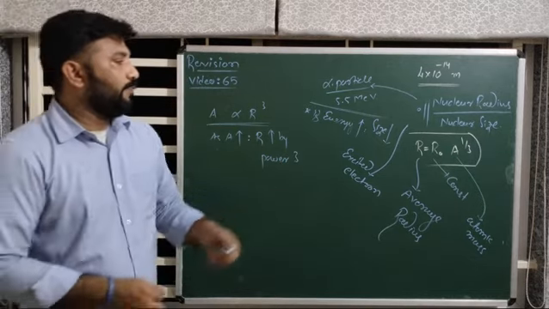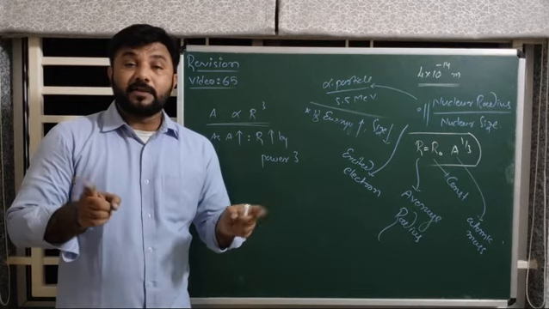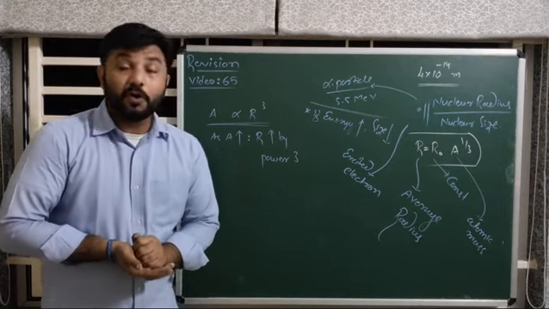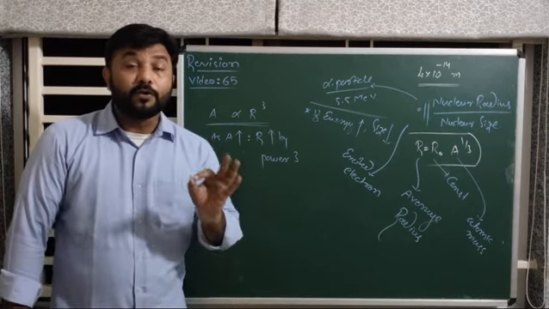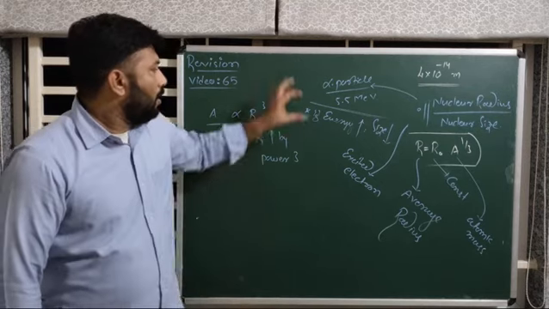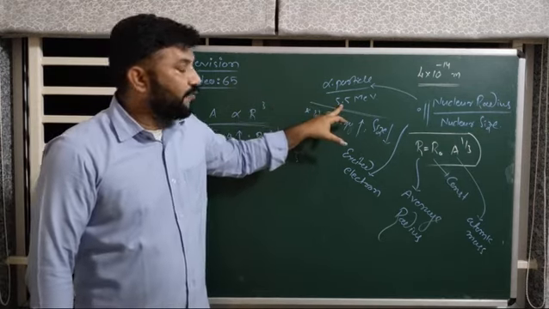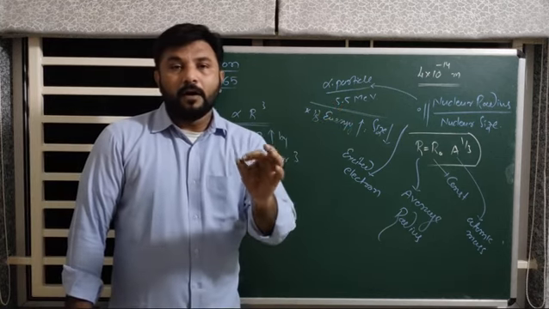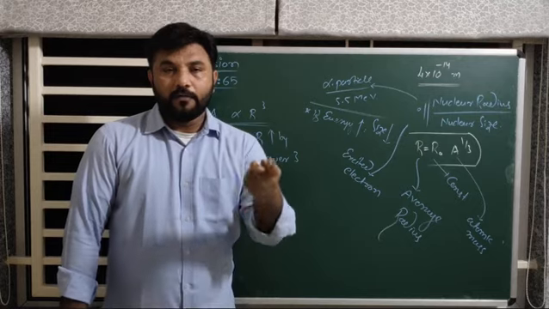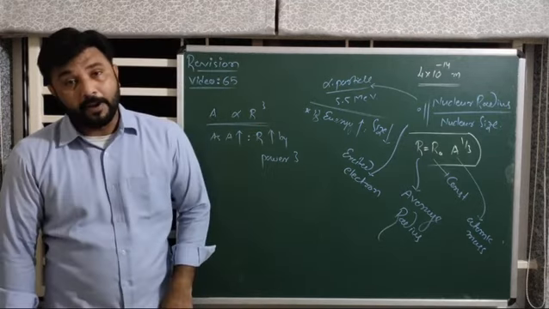Okay, so this was a quick revision of nuclear radius or nuclear size. Here, one more thing you have to include: alpha particle 5.5 MeV was the main criteria for that experiment.